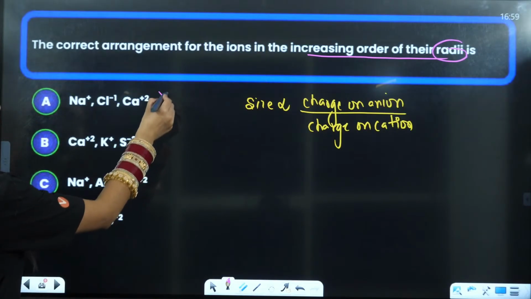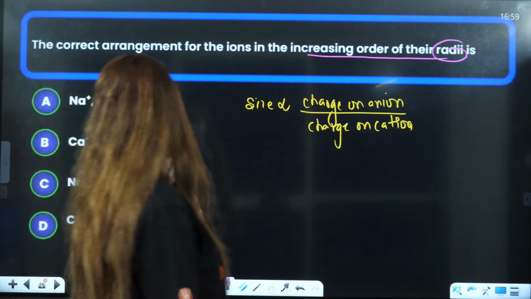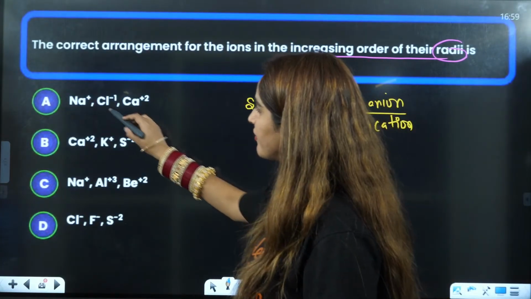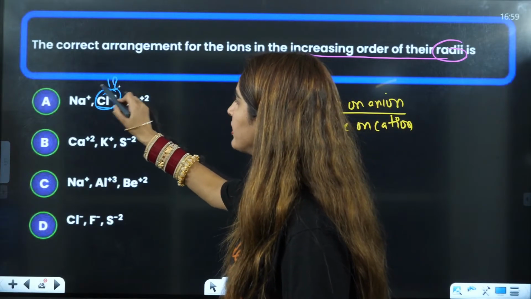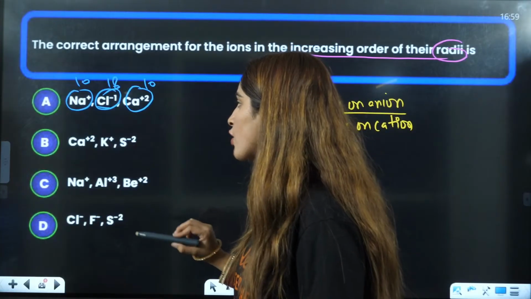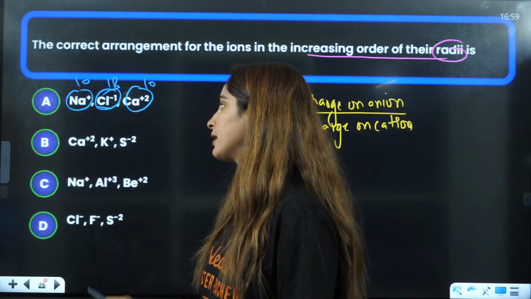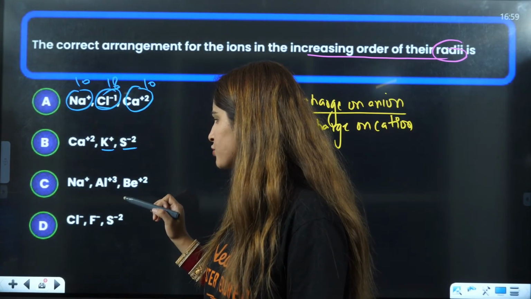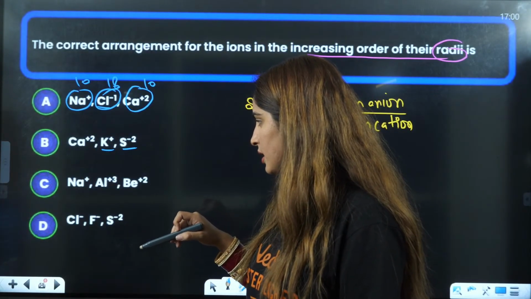This is definitely not the correct arrangement because Cl negative, wait a minute, Cl negative is not even isoelectronic here, right? It is having 18 electrons, it is having 10 electrons, it is having how many? Potassium, and this is S2 negative. These are not isoelectronic. I can't say these are isoelectronic.